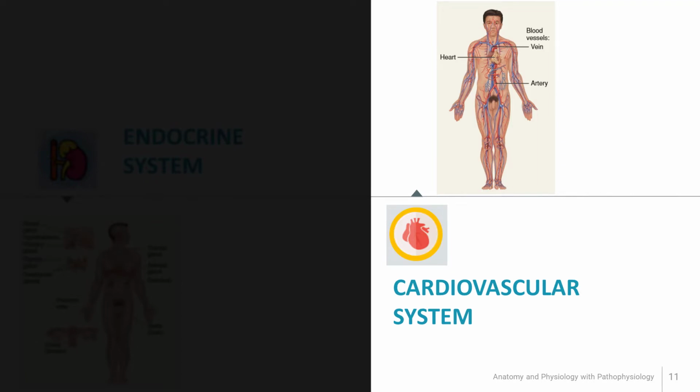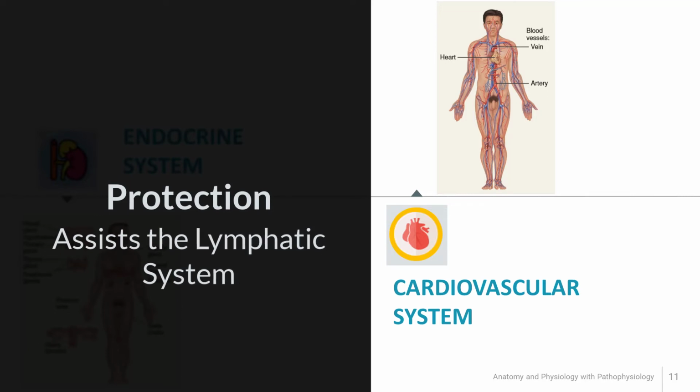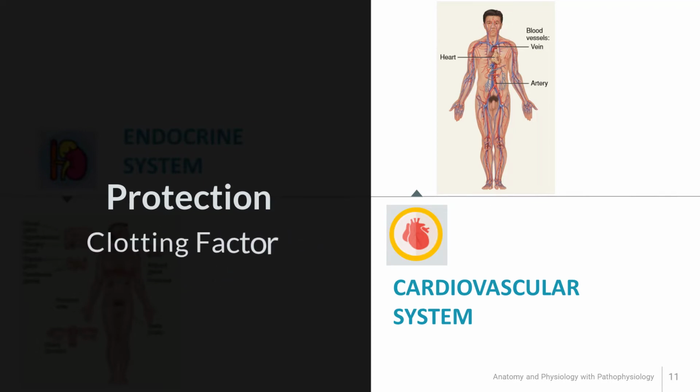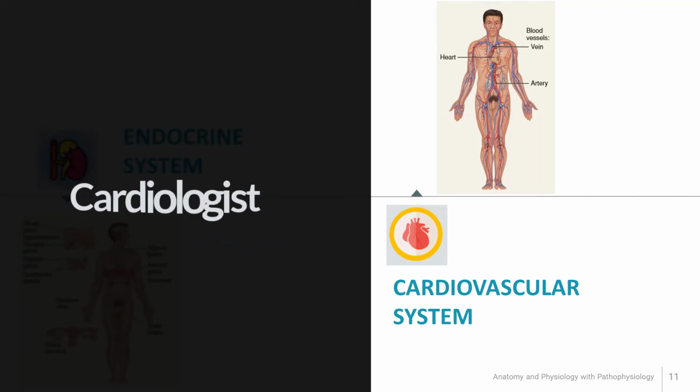Our cardiovascular system has protective mechanisms. We have immune cells that can travel through the lymphatic system as well as the blood vessels. In addition, blood can clot, which protects against excessive loss from the cardiovascular system after an injury. A cardiologist specializes in diagnosing and treating diseases of the cardiovascular system.